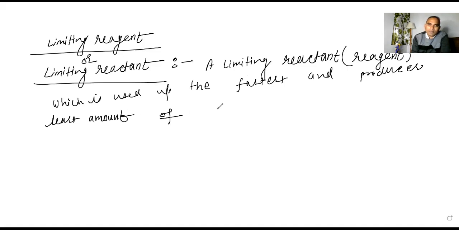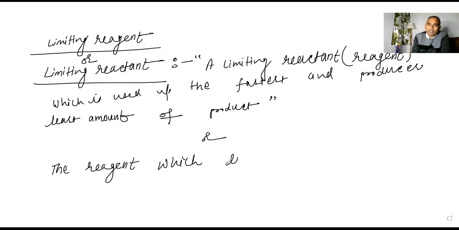If it is going to produce the least amount of product, that is what they are talking about as the limiting reagent. Another way, you can write: the reactant or reagent which limits the formation of product.